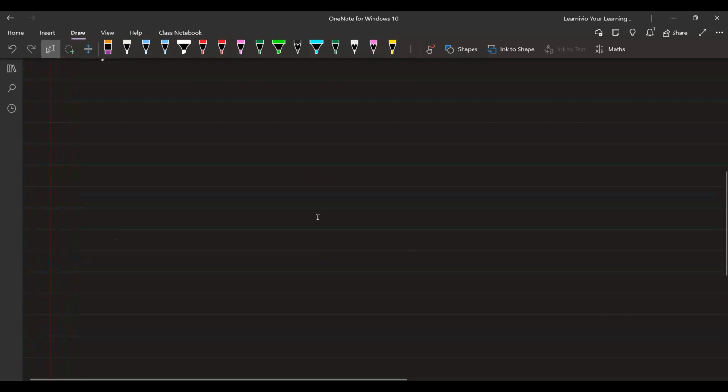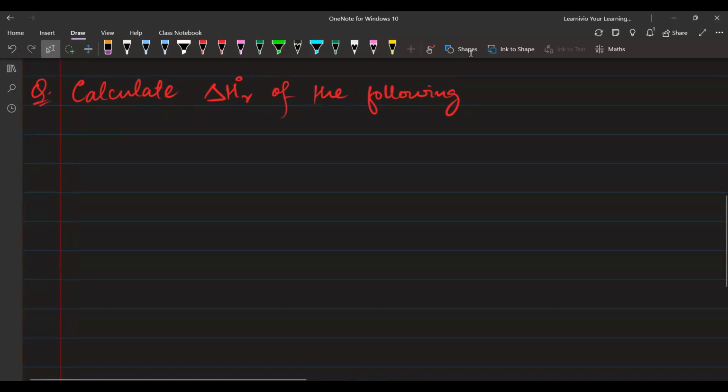Now, write a question. Calculate enthalpy of reaction of the following reaction using given data.